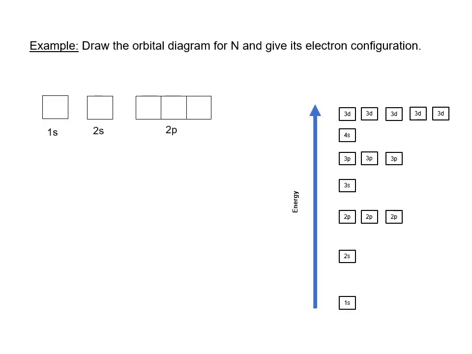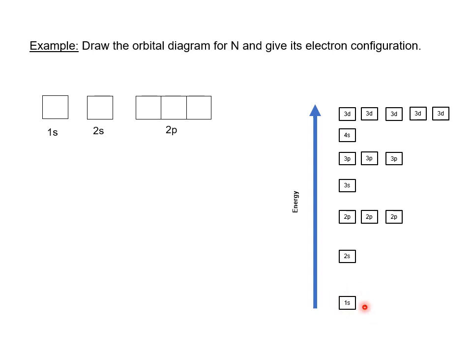Okay, so now let's go ahead and draw the orbital diagram for nitrogen. On the periodic table, it shows that nitrogen has 7 electrons. So we start, remember, filling in electrons with the lowest orbital first, right? So we put 2 in the 1s, following the Aufbau principle by putting electrons in the lowest energy level first.